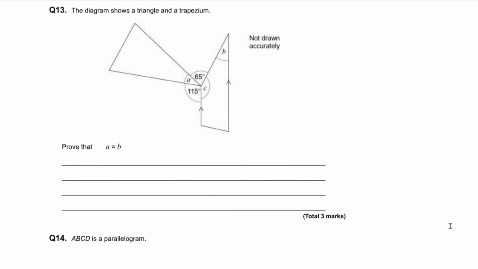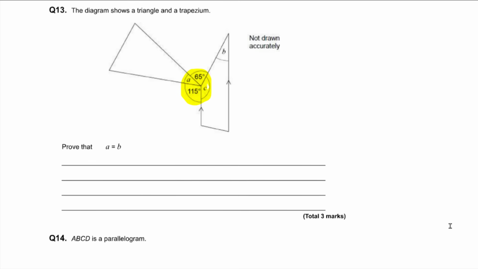Question 13. The diagram shows a triangle and a trapezium. Prove that A is equal to B. Okay. Interesting question. So we've got angles at a point here, haven't we? So we know that these add up to 360 degrees.